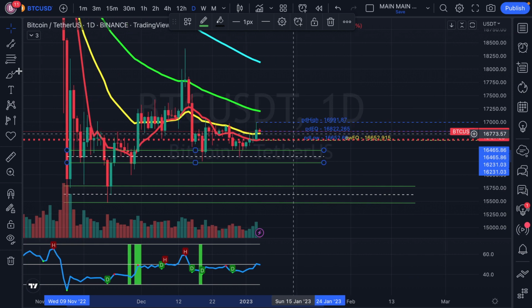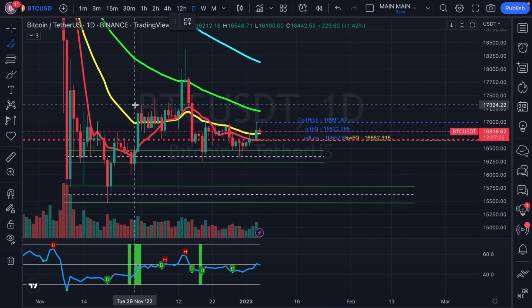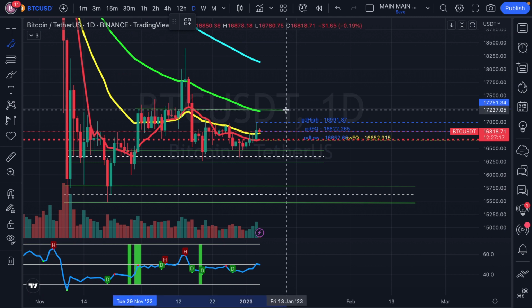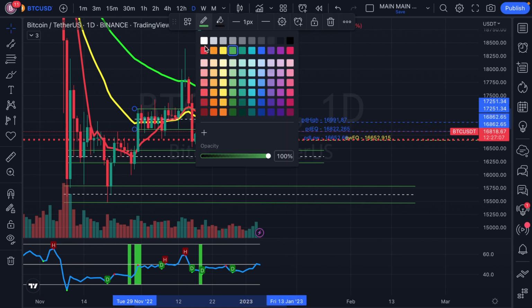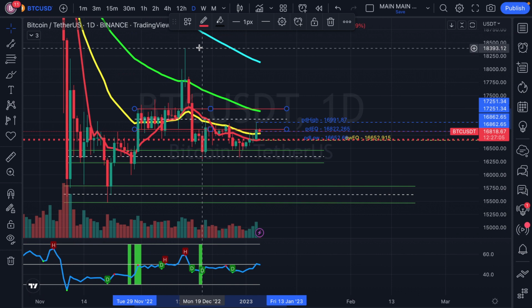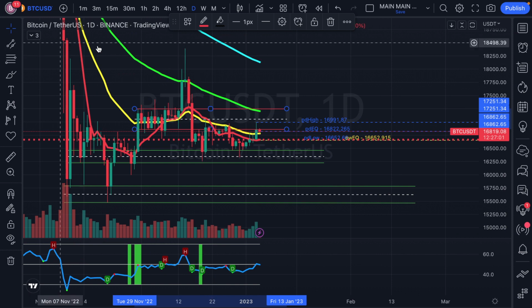Now, coming from the bottom, we're at our first level of resistance, which is why I was looking for a short in this area in the first place. So here is our first red box. And then the next level will be all the way over here.